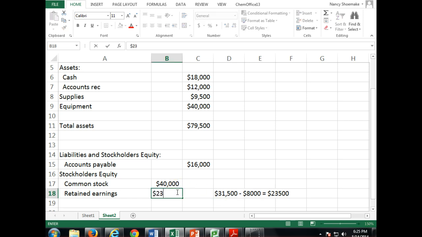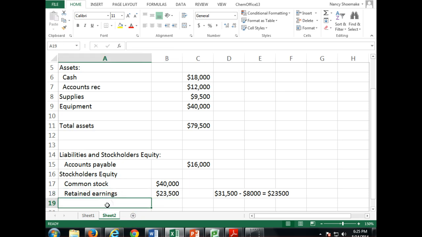So if we show our retained earnings to be 23.5, total liabilities and stockholders' equity.